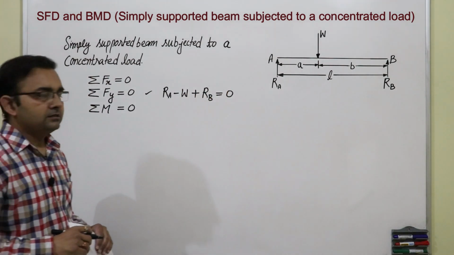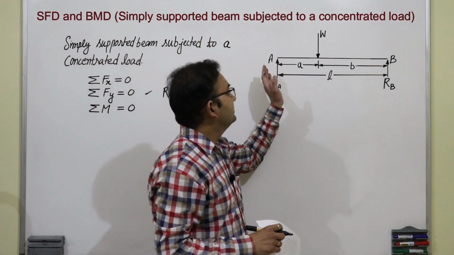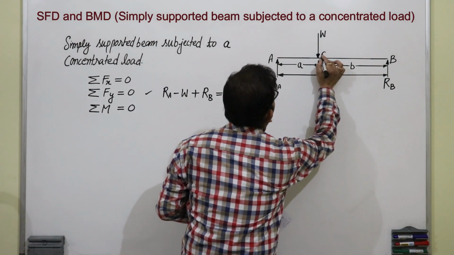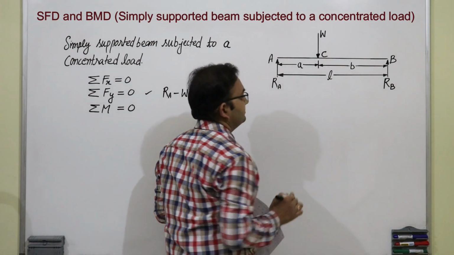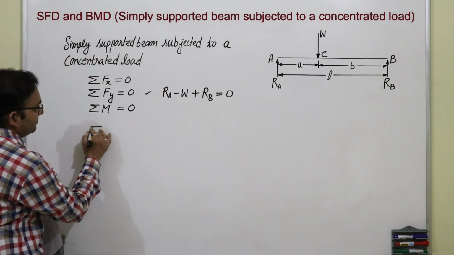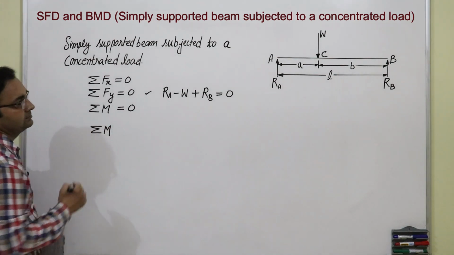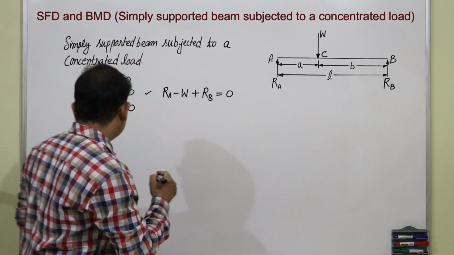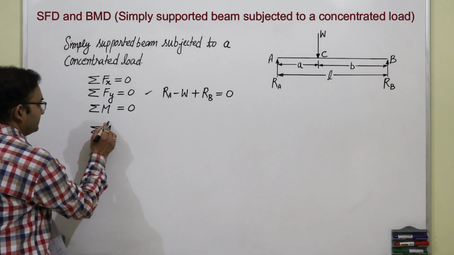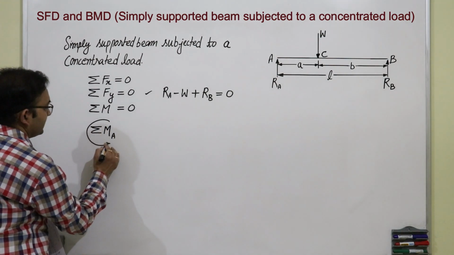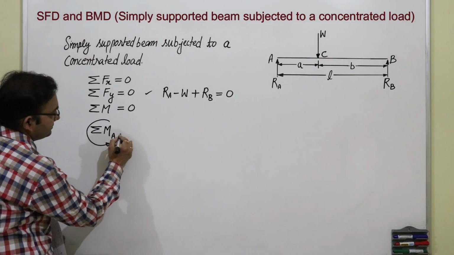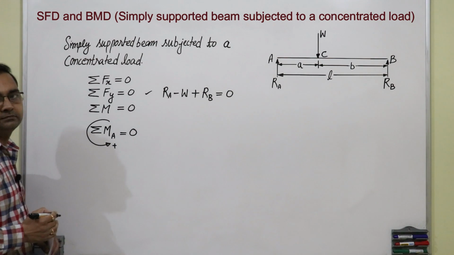Now we will take moment. We can take moment at any point. This is A, B, and we are calling this point capital C. I am considering moment at point A, in anti-clockwise direction I am taking positive, equal to 0.